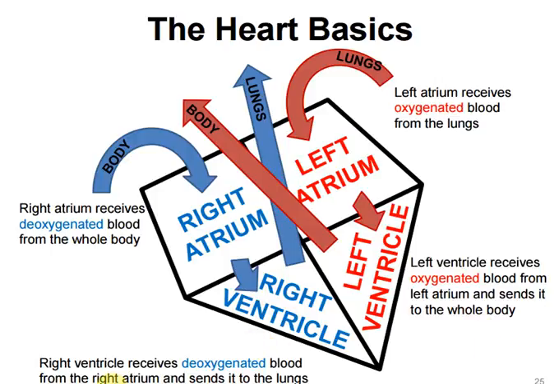So it goes back to the right atrium through the body. Again we know it's deoxygenated, and then again goes through the right ventricle, then to the lungs, does its filtration, and then to the left atrium and back to the left ventricle, and then to the body, and then does a cycle again. So this process happens constantly as we are speaking.